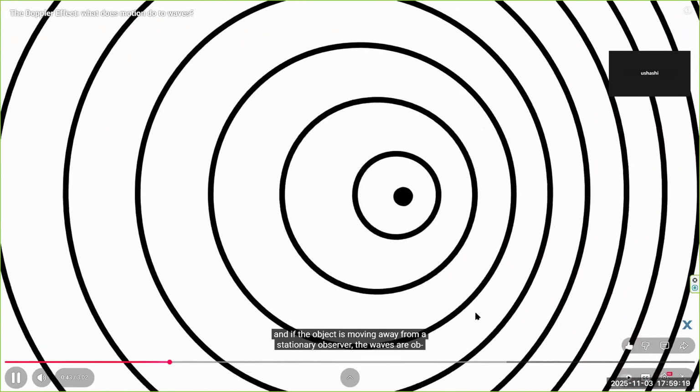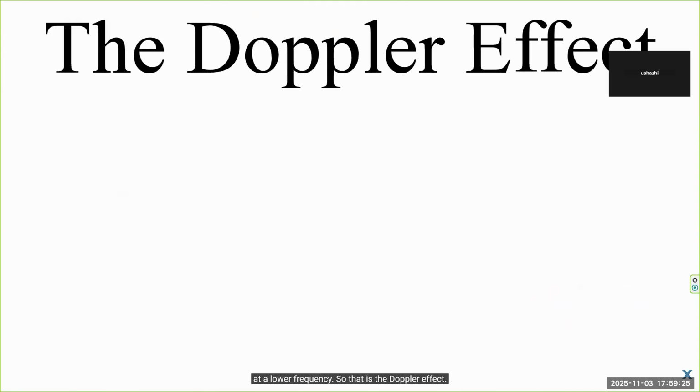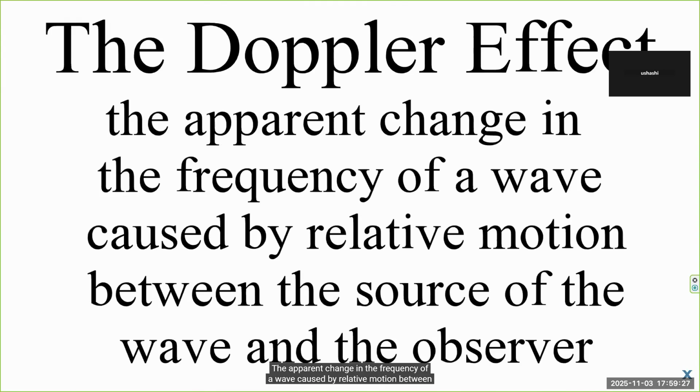And if the object is moving away from a stationary observer, the waves are observed at a lower frequency. So that is the Doppler effect, the apparent change in the frequency of a wave caused by relative motion between the source of the wave and the observer.